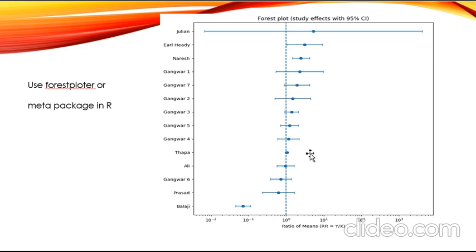For that, I have collected some studies, and most show that yes, crop diversification is increasing the income pattern. Some studies say no, monocropping gives more income. Some studies are very stable in income. Like that, the effect sizes are represented visually in the forest plot diagram. You can perform this using the forestplot package or meta package in R software.